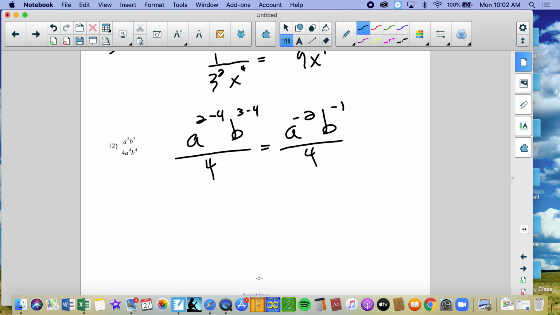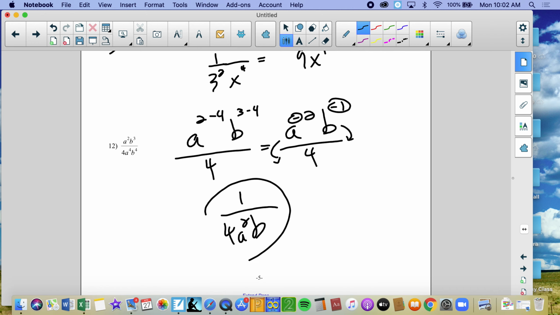Since we can't have negative exponents, I have to change this sign, and it'll go in the denominator. Change this sign, and it's going to go in the denominator. So I'm left with 1 over 4a to the 2nd b. The 4 is in the denominator. Since I moved both of these numerators down, I'm left with a 1 in the numerator.